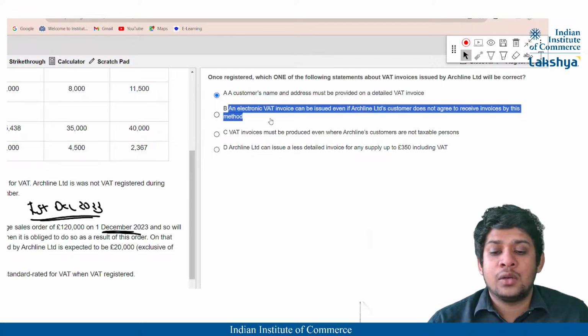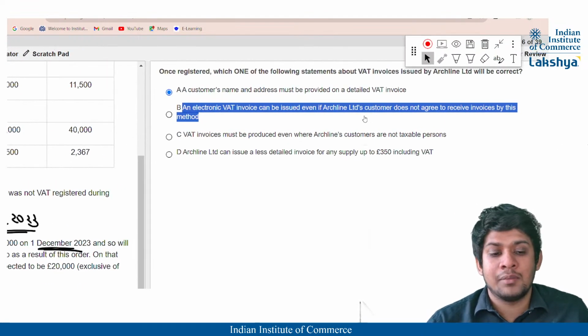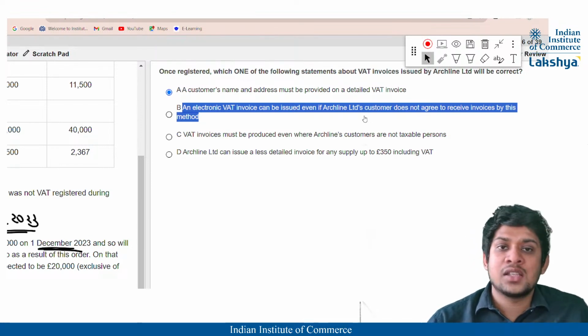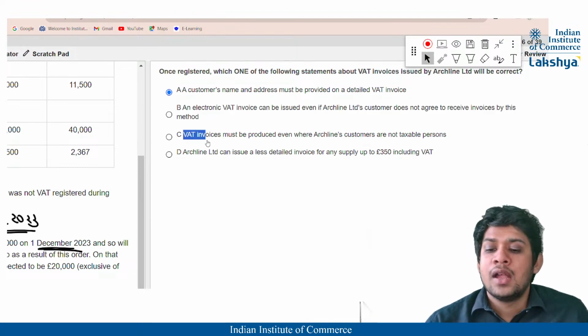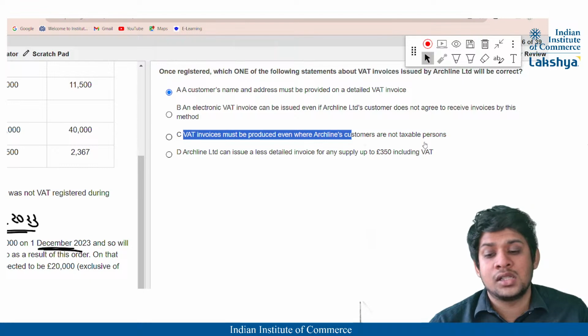An electronic VAT invoice can be issued even if the Archeline Limited's customer does not agree to receive invoices by this method. Obviously, guys, that should not be there. If the customer asks you to provide through any other means, then you should do it through means other than the electronic means, right? So that is not the real case scenario. That is wrong, right? VAT invoices must be produced where Archeline's customers are not taxable persons.